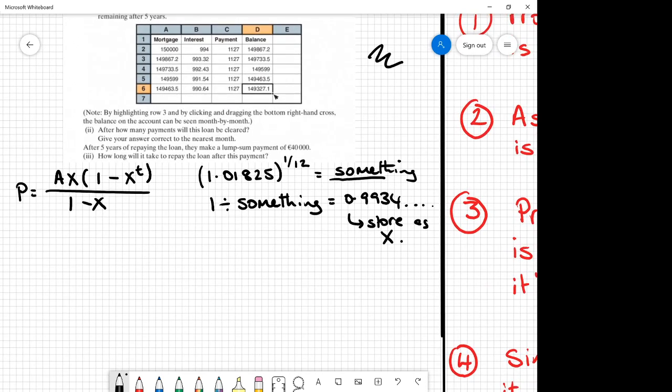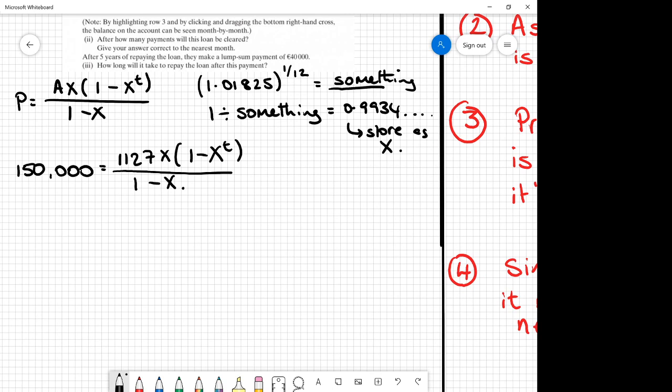Because it's present values we're dealing with, and this time we have to do the 1 divided by it rather than just using the regular interest. And we're going to fit this into our formula now. P is 150,000, which is equal to 1127x times (1 minus x to the power of t) all over 1 minus x.